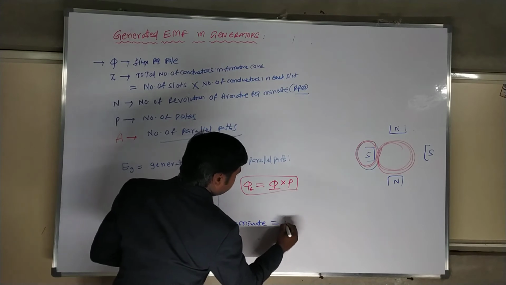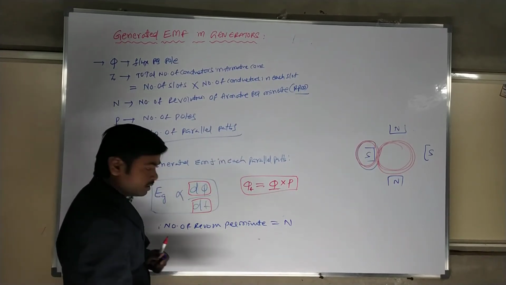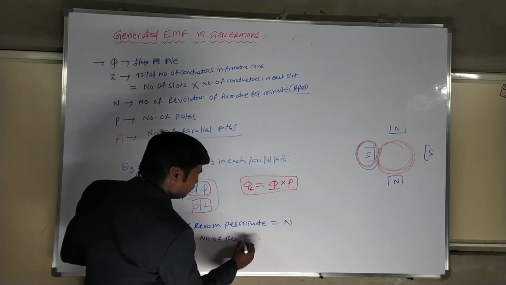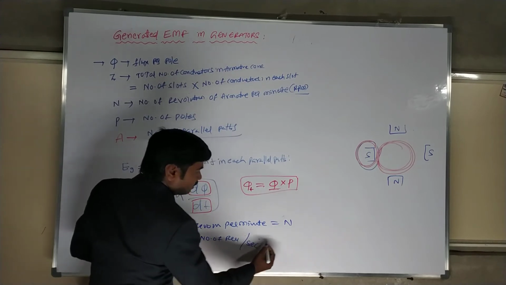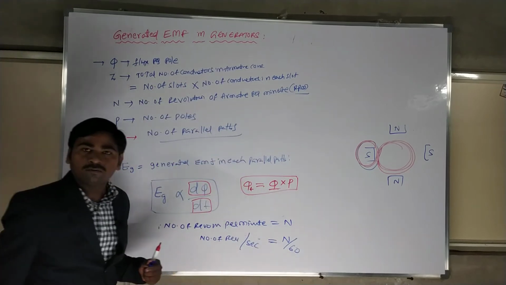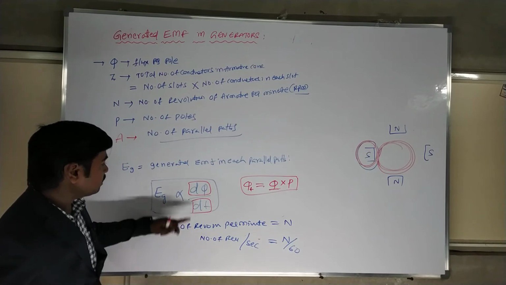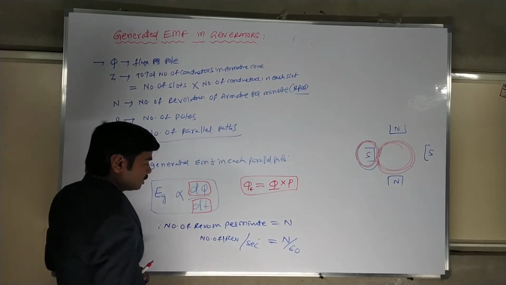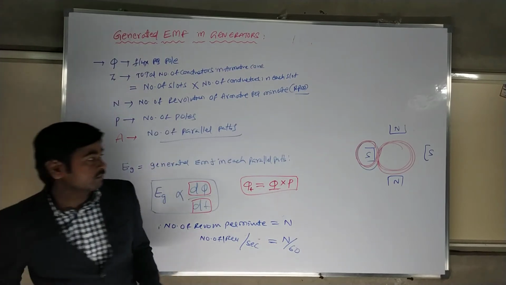Next, the number of revolutions per second, what is it? N by 60. The number of revolutions per second is N by 60. But we want the time of one revolution. So the time of one revolution is the reverse, and I can write it to understand very clearly.